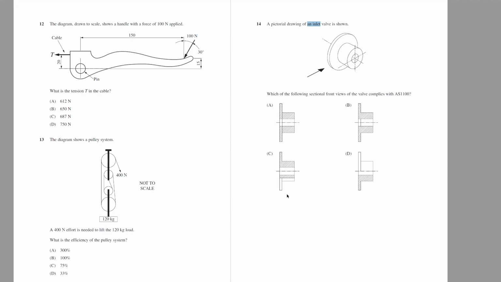So the answer they want us to give is D, but I did say before, it doesn't say half sectional front view, so I can see why students would be confused. I think I've talked about this in another video recently, and when I spoke to my students, I said, look, when I put this question in papers, I will either say which represents a half sectional front view, or I say that the inlet is made of a single component, and that makes it clearer as well.